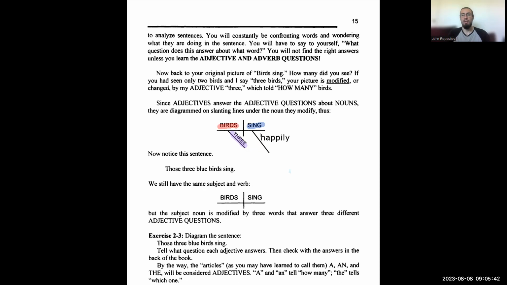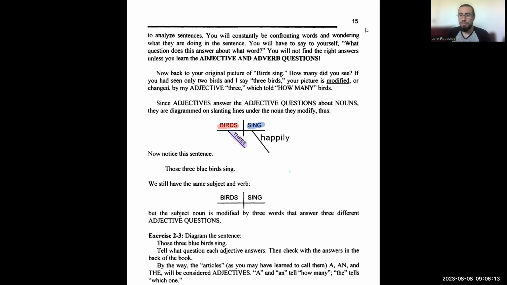Now remember this: any word that's modifying another word, the modifier is going to go under that which it modifies. It's going to be important because when we learn to diagram prepositional phrases, we have the object of the preposition. Well, things can modify it, so we're going to put those under it, okay? As long as you remember that principle, this will be easy.